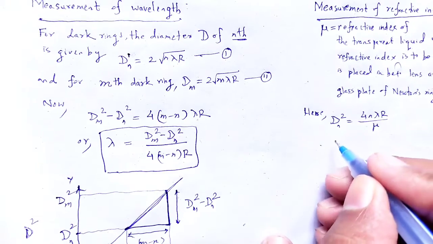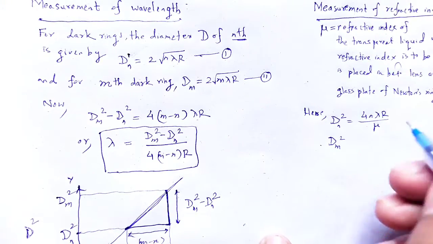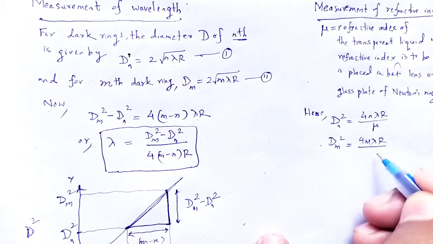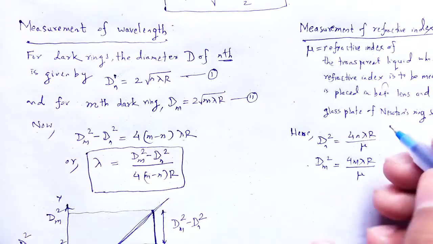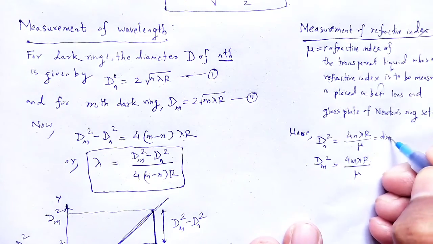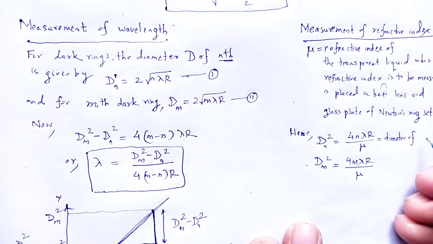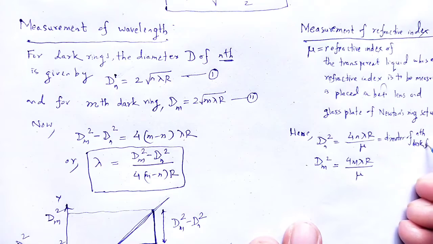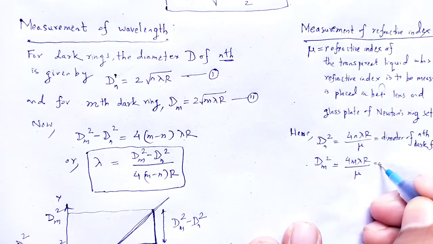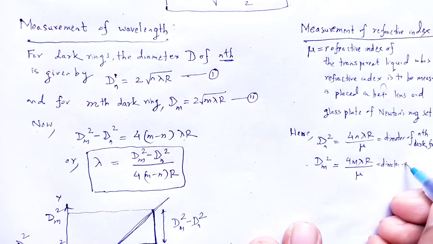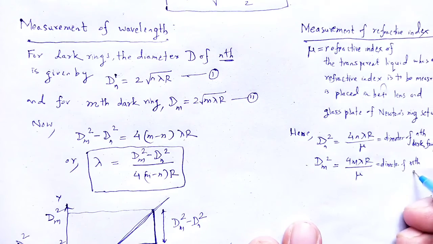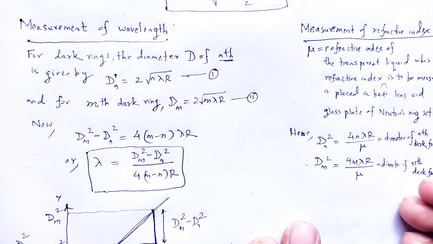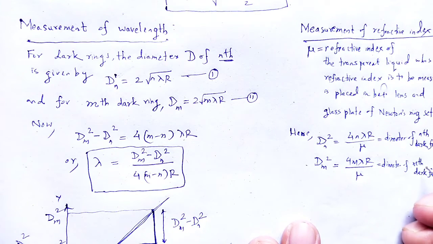Similarly for the mth dark ring, dm square is 4m lambda r divided by mu. These are the diameters of the nth dark fringe and the mth dark fringe.